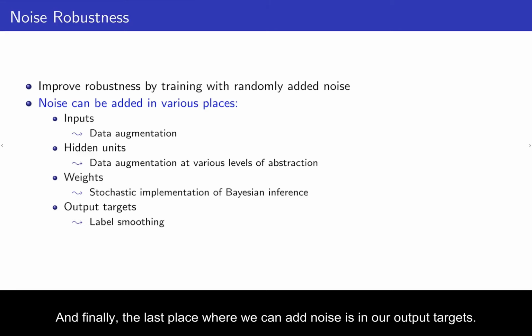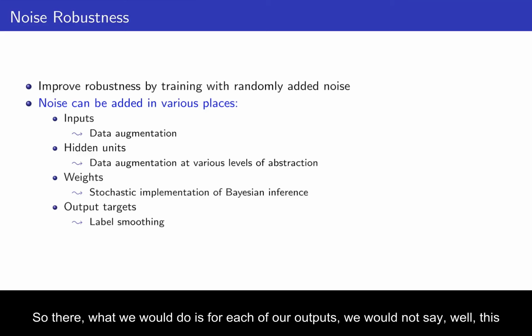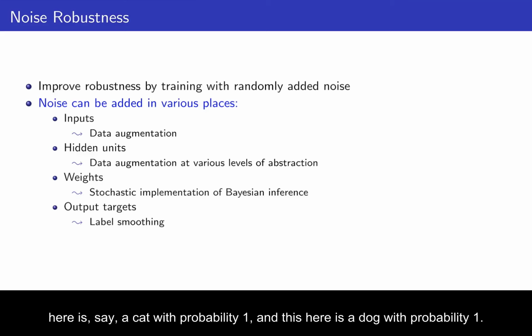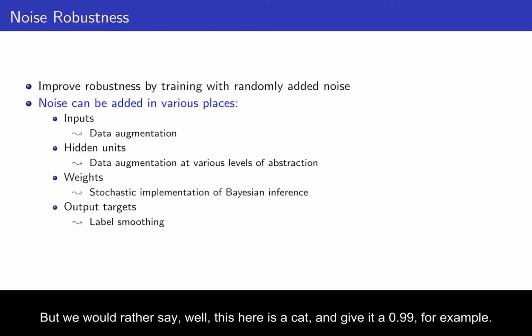And finally, the last place where we can add noise is in our output targets. There, for each of our outputs, we would not say this here is a cat with probability 1, and this here is a dog with probability 1, but we would rather say this here is a cat, and give it 0.99, for example.